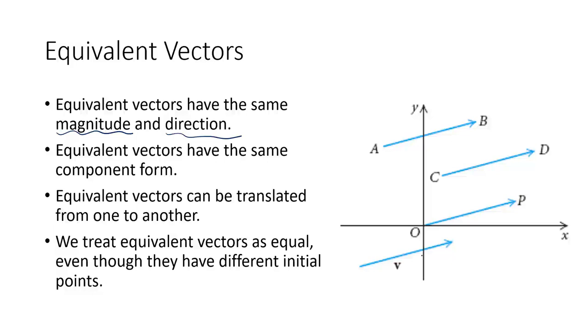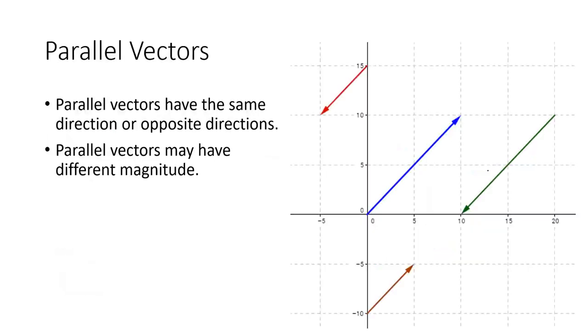If you look at the graph, all these four vectors are equivalent. They're really the same vector. If you just move one onto another, they would coincide. For a vector, it doesn't matter where it starts and where it ends. It only matters what its magnitude is and what its direction is.